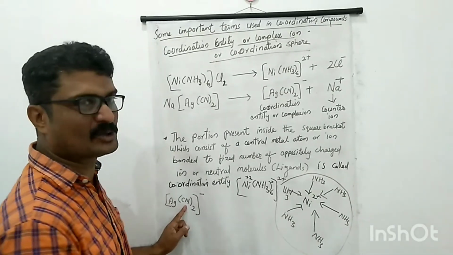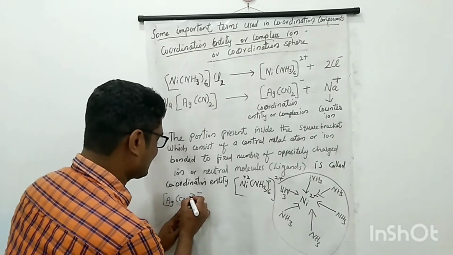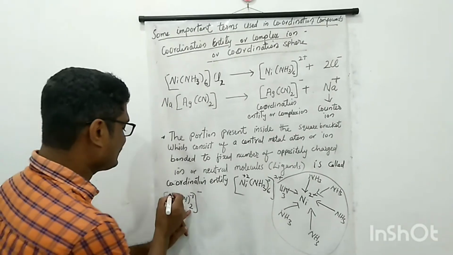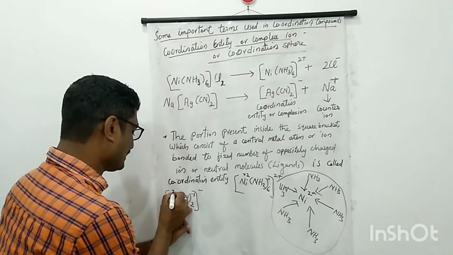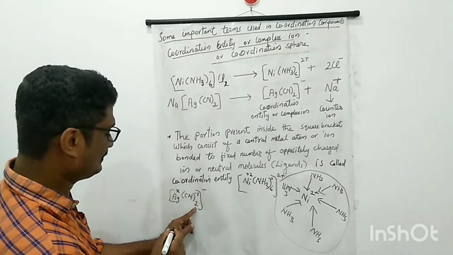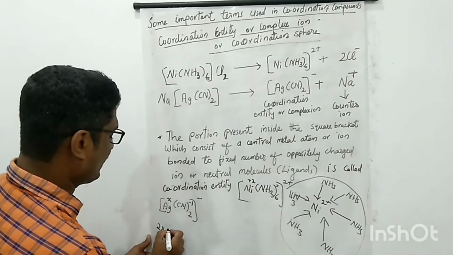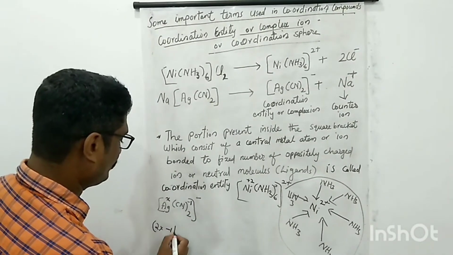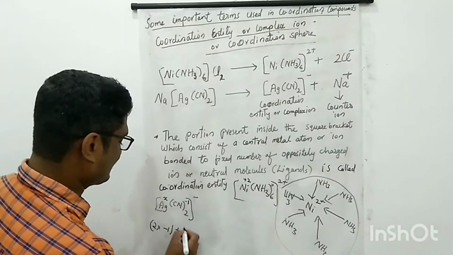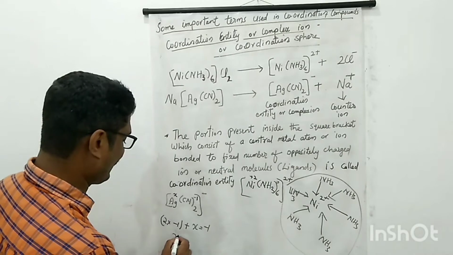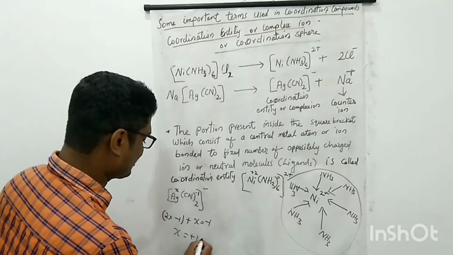The cyanide ion, CN minus, has a charge of minus 1. We can consider the charge of silver as x. Then 2 into minus 1 plus x equals minus 1. Then what will be the value of x? x will be plus 1.